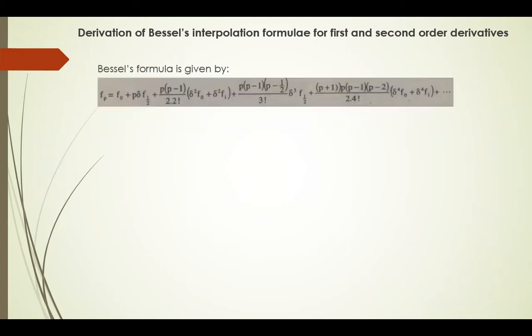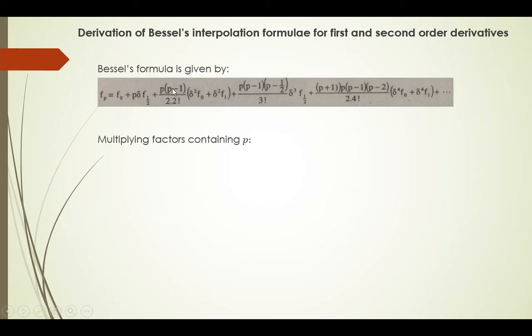In this slide, we will derive the Bissell's interpolation formula for first and second order derivatives. We studied in the previous chapter that this is Bissell's formula, and multiplying factors containing p. What does it mean?